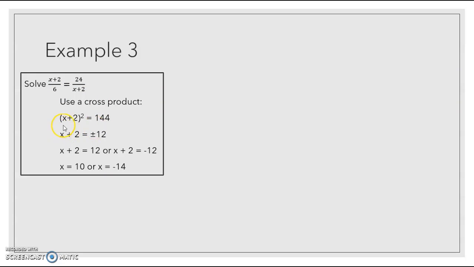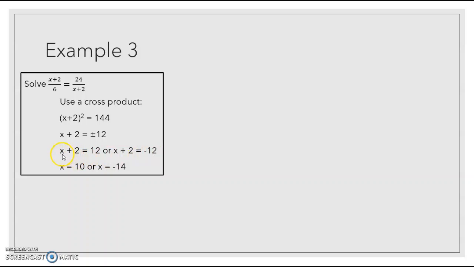Okay, now what I did is I did the square root on both sides. And when I do the square root, I have to put this plus or minus sign because I'm not sure which one it was. Okay, so I have x plus 2 equals plus or minus 12. Now what I'm going to do is I actually have to divide it up to see the positive version of 12 and the negative version of 12.